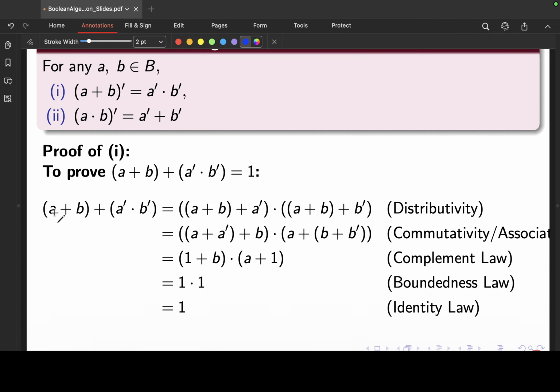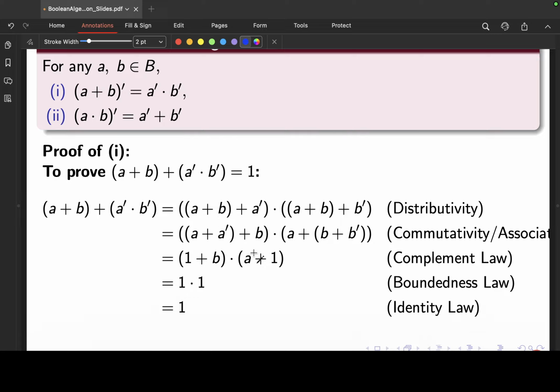A + B plus (A'·B') equals, by distributivity, (A + B + A')·(A + B + B').